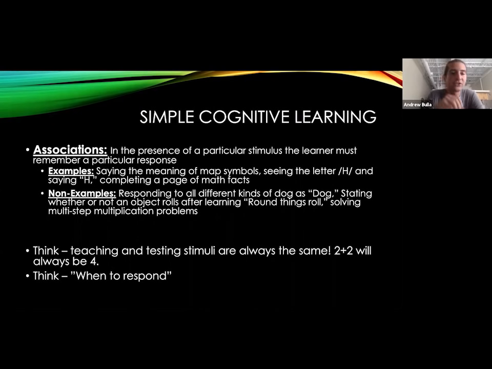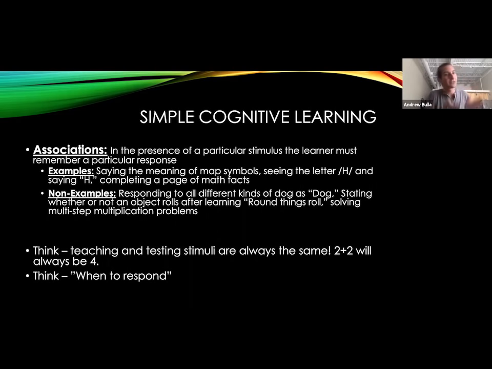And I want you to think about it this way. With associations, your teaching and testing stimuli are always going to be the same. 2 plus 2 will always be 4. The sound for T is going to be T, always. So the teaching and testing stimuli are going to be the same. And I want you to think associations are when the learner should respond.